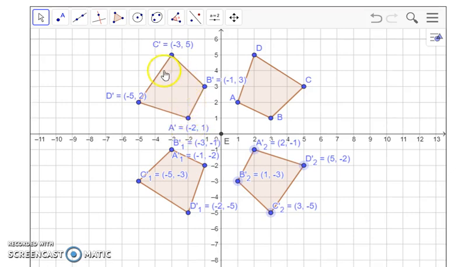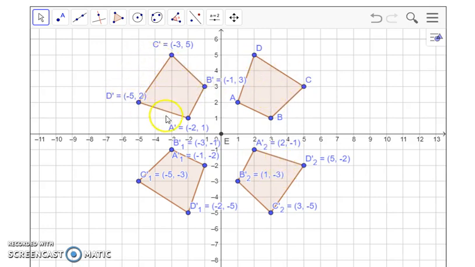Now the last question asks you to compare the 90-degree rotation to the 270-degree rotation. And as we said a minute ago, they have the same ordered pair. It's paying attention to the signs based on the quadrant. And why is that the case? Well, think about from quadrant 1 to quadrant 3, that's a 180-degree rotation, and we kept those ordered pairs. Well, if we go from quadrant 2 to quadrant 4, it's going from a 90 to a 270-degree rotation from the pre-image.